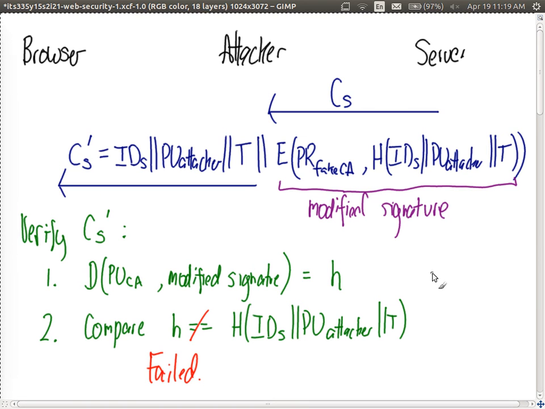We're using our assumptions about cryptography. Decrypt using the wrong key, you get random output, garbled, garbage output. It will not be the original plain text. But maybe something else could happen. Maybe we use the public key of the fake CA.